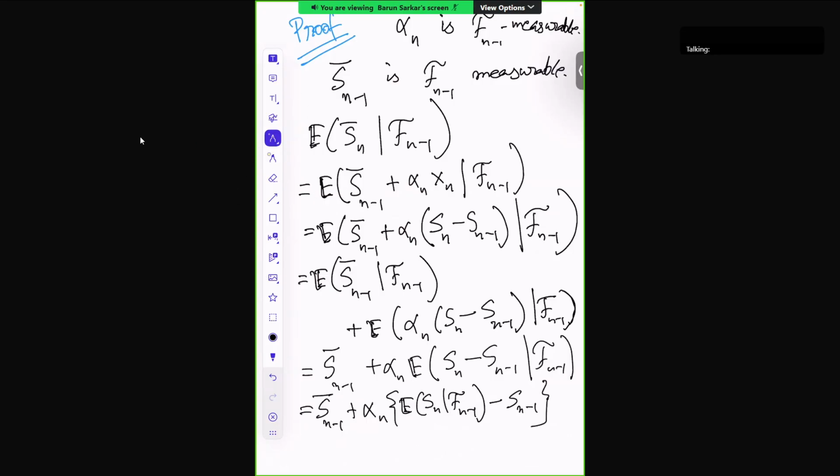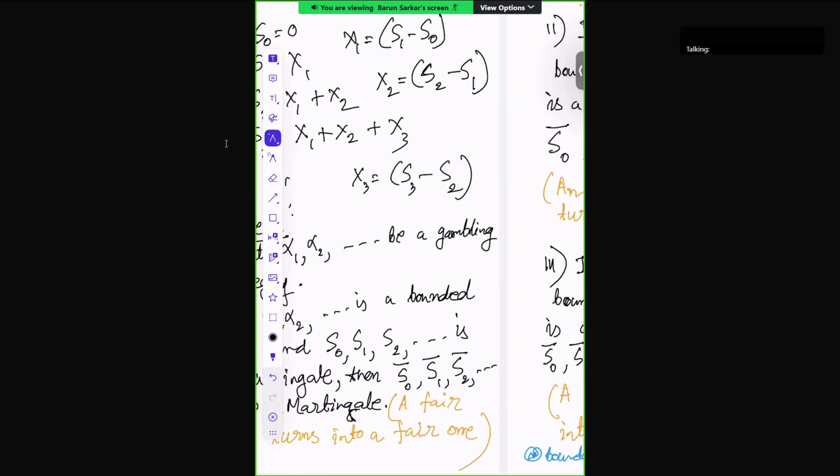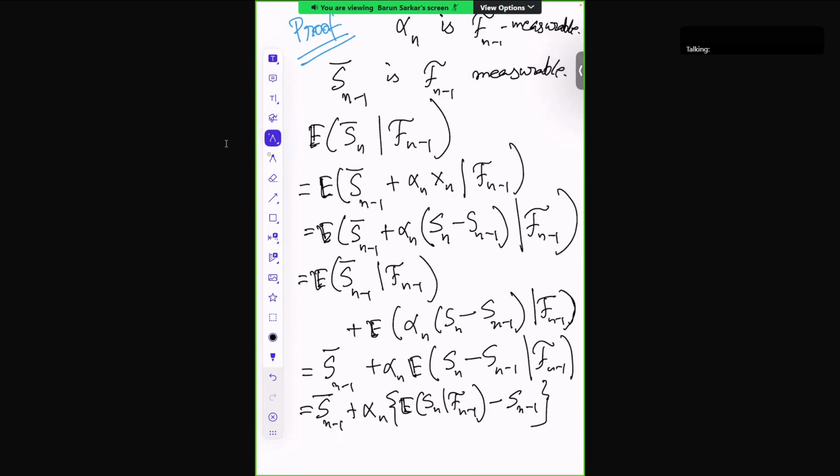And this Sn is a martingale, that is given. S0, S1 and so on is a martingale. So this part is a martingale, so this will be Sn minus 1, and the difference will be 0. Therefore this is going to be Sn minus 1 bar.